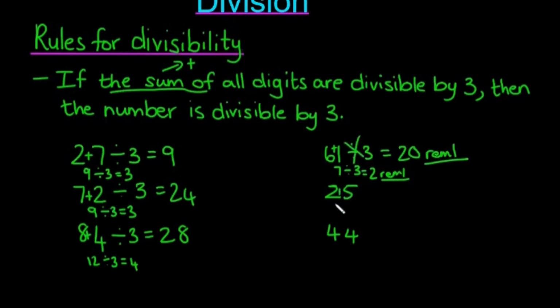Likewise with 25, if I add the 2 and the 5 together, that's going to give me a 7, and 7 divided by 3 is equal to 2 remainder 1, which means that 7 is not divisible by 3.